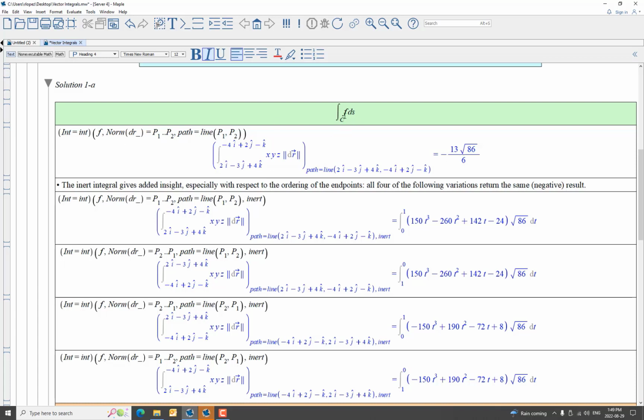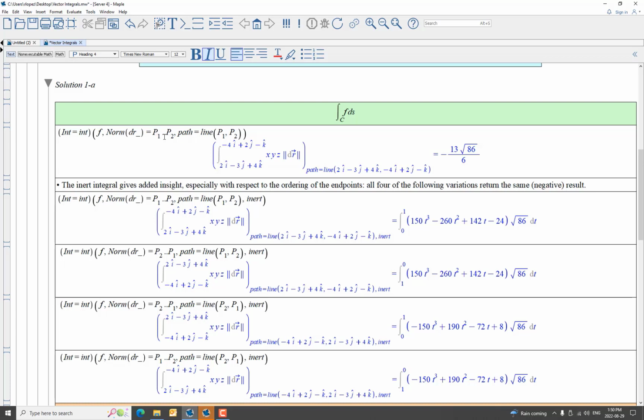This is f ds. This is the basic calculus line integral of a scalar along a curve. It's implemented by the use of the actual word norm of dr, and that underscore tells the package that this is a vector.